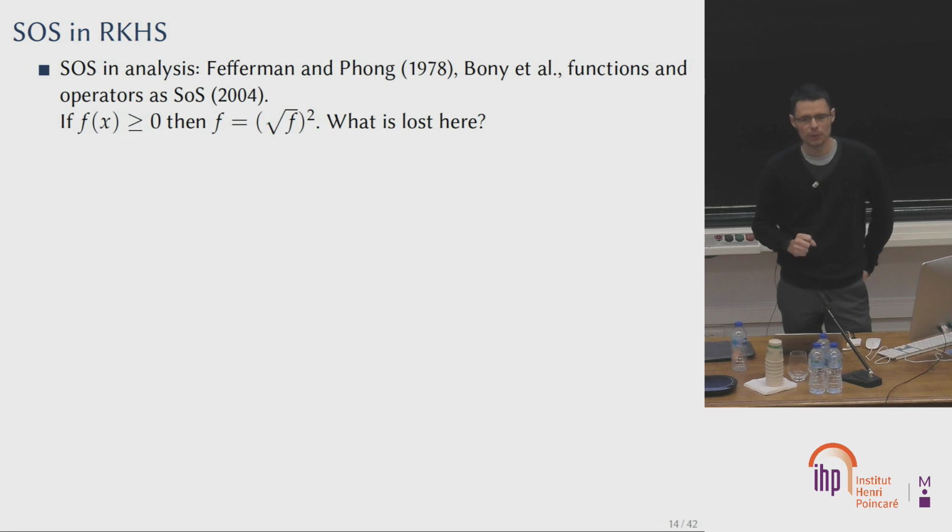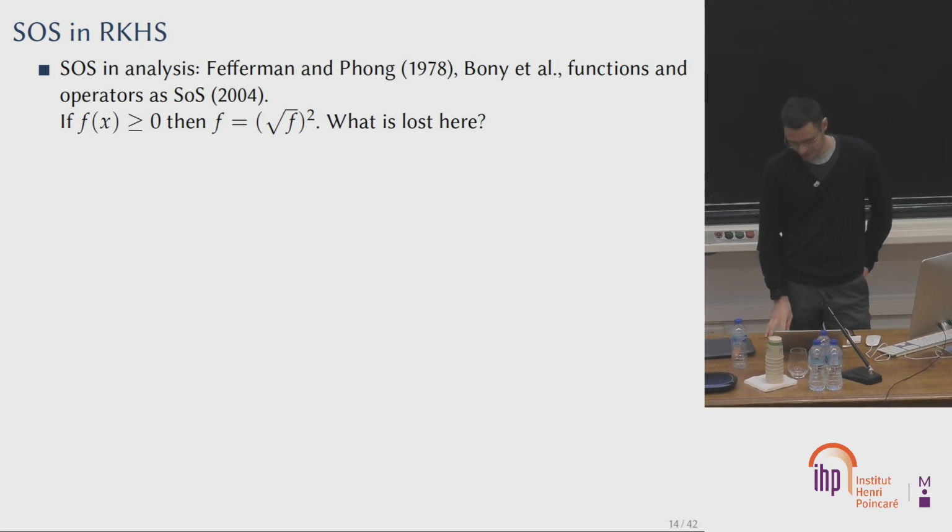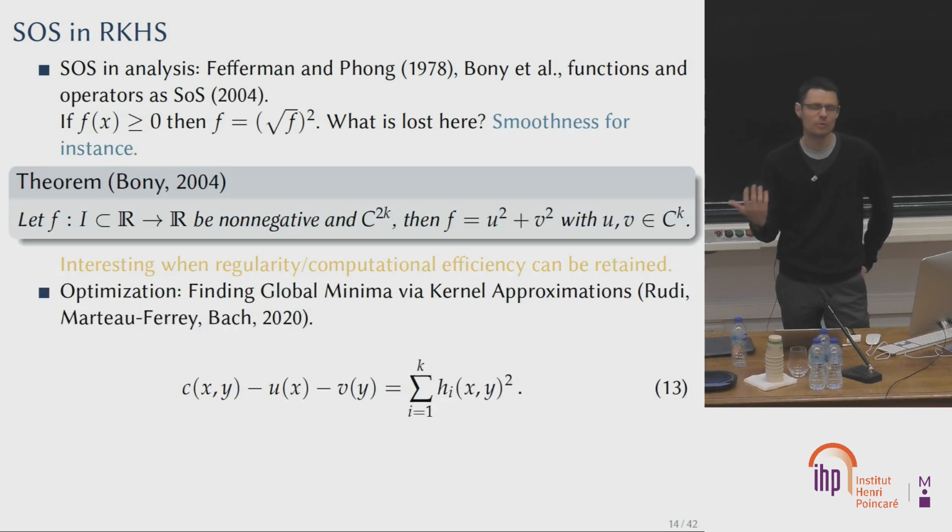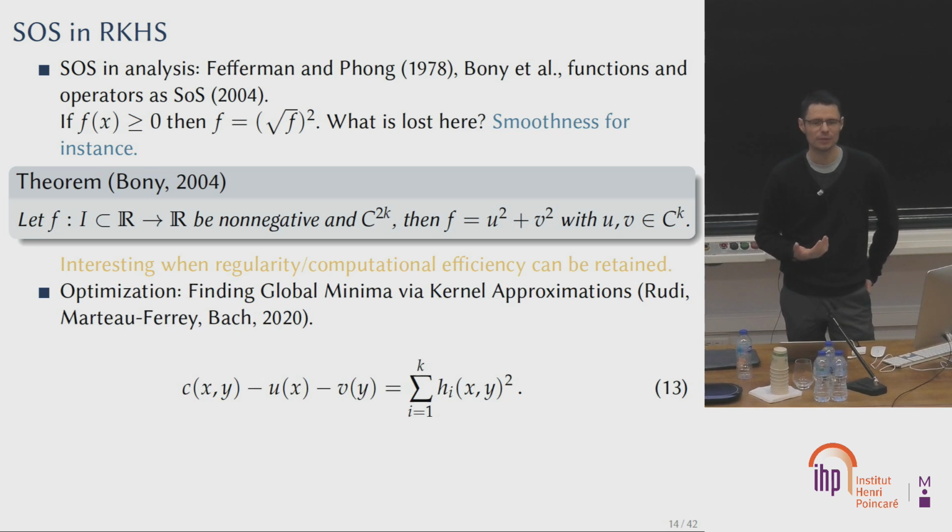Okay? So what do you lose here? At least one thing you lose. It's clear that at least you lose regularity. Okay? Square root of f, it's not clear that it has the same regularity as f. And that's the problem, because it means that you enlarge the space of functions you are working with.